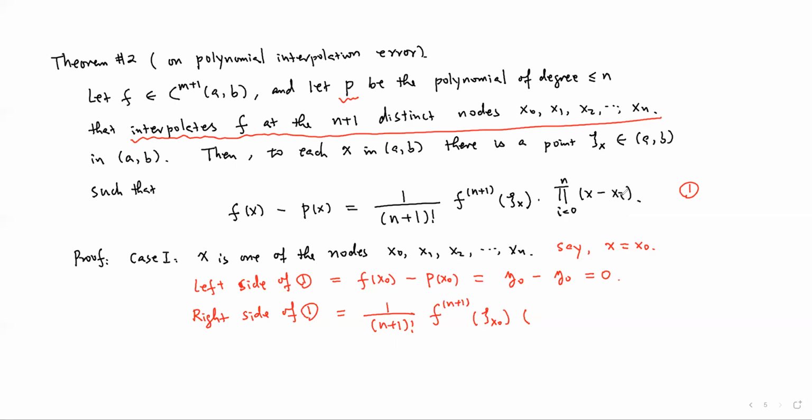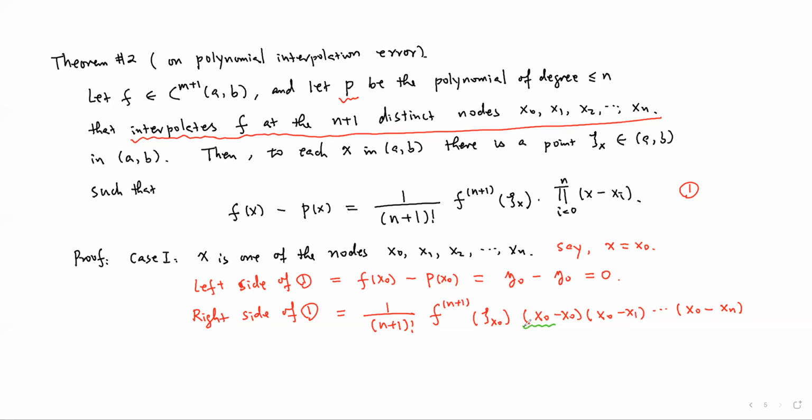When i is 0, x minus x0, but now x is x0, so x0 minus x0. The second factor, when i is 1, x minus x1, so x0 minus x1, and so on, up to x0 minus xn.